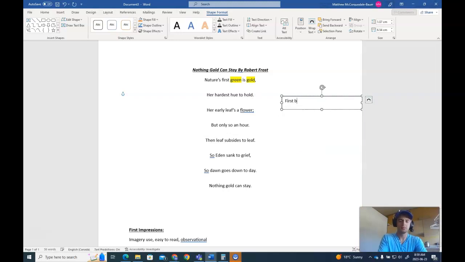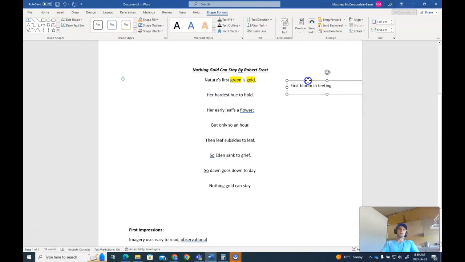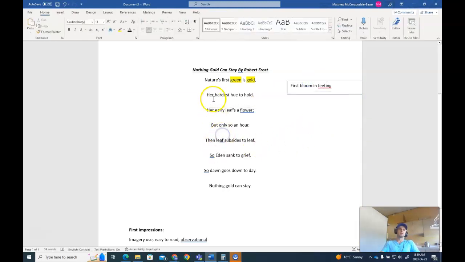First bloom is fleeting. We can make that connection from these two lines. Then Frost establishes it in the second line, her early leaves of flower. Once again, this is probably making some sort of connection or allusion to the idea of Mother Nature.